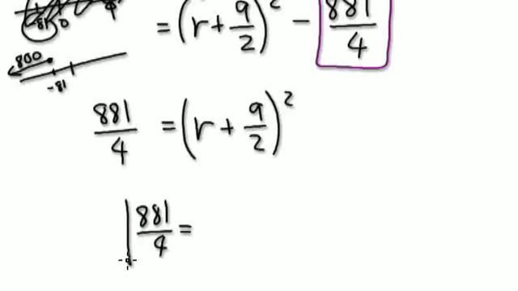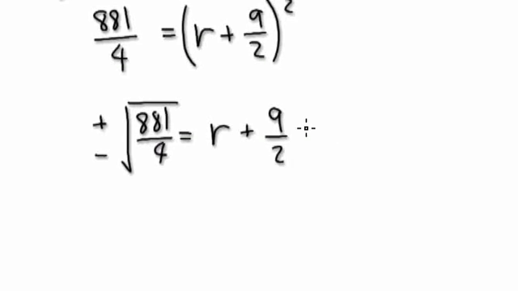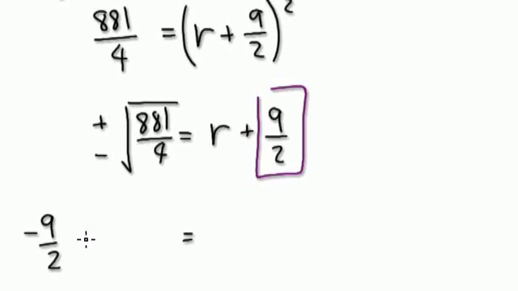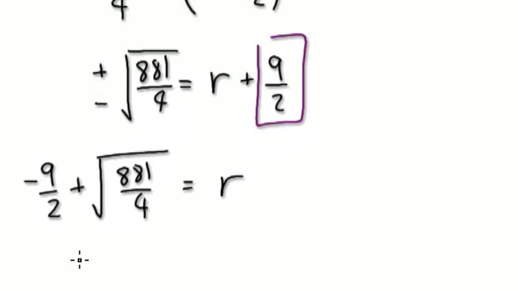That will give you two solutions, but you're only interested in one solution, remember, because one will be negative. So this would be the square root of 881 over 4, and then take away 9 over 2 from both sides. So minus 9 over 2 plus. We don't care about the minus side. So r equals that.